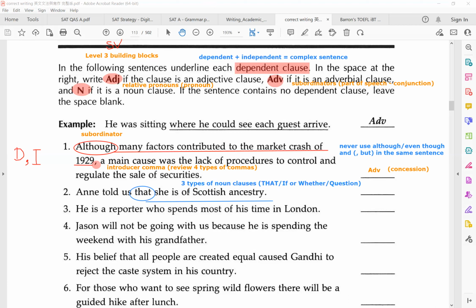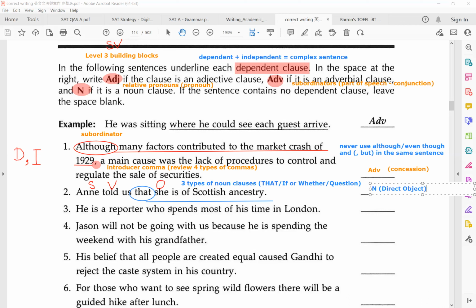So this is obviously a that clause. So what is it doing? Well, Anne told us that it is functioning as the direct object of the sentence. So this is a noun clause functioning as direct object after verb.